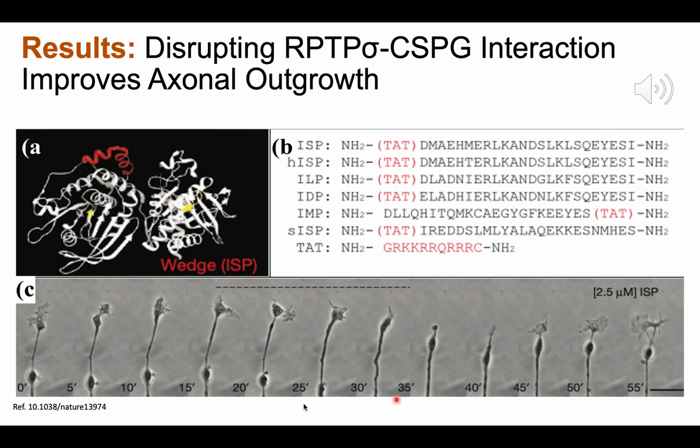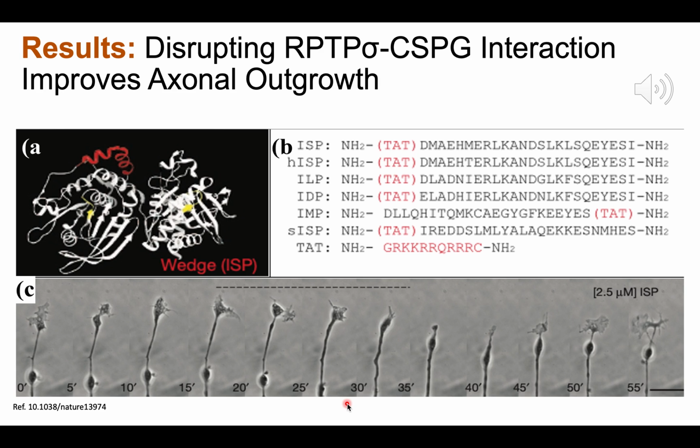And we can see that sigma peptide treatment allowed adult sensory neurons to extend axons through a CSPG gradient in a dose-dependent manner. Although growth cones treated with the sigma peptide are still transiently collapsed by CSPGs, they continued to reform growth cones, which allowed them to eventually cross this inhibitory gradient made up of CSPGs. And sigma peptide treatment was sufficient to convert stabilized dystrophic growth cones into a motile state.